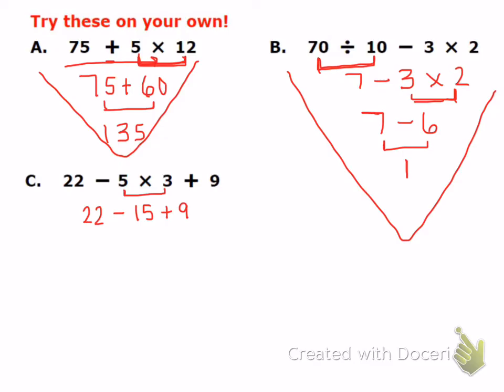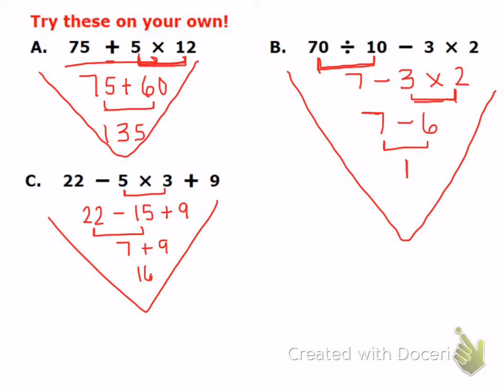Because there's a mixture of operations, I have to go left to right. So I start with 22 minus 15. 22 minus 15 is 7. I write the rest of the problem, plus 9. And I'm left with just 7 plus 9, which is 16. I have my V, and I know that the answer is 16.